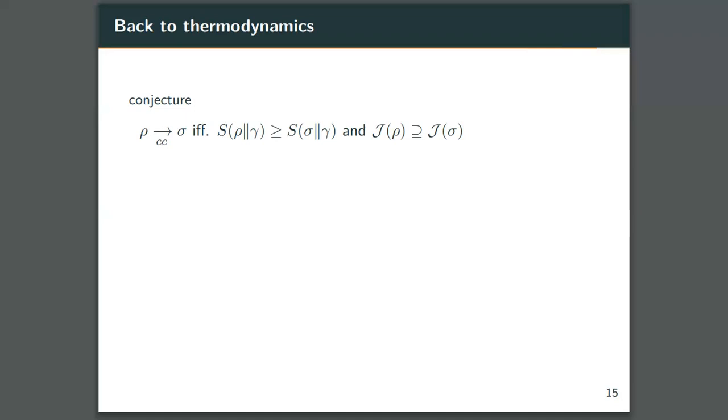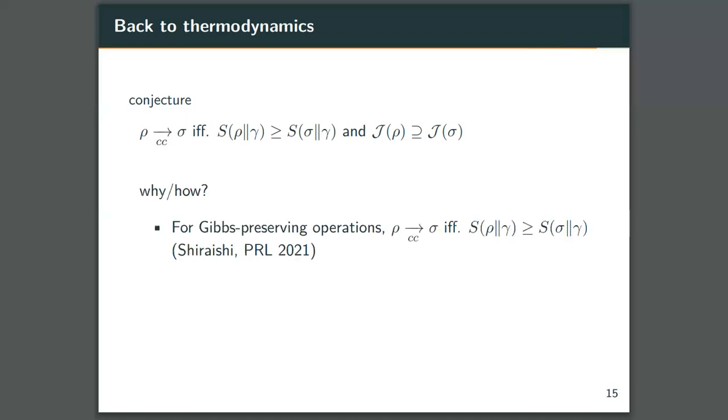And why or how do we think this is possible? It's because for Gibbs preserving operations, correlative catalytic transformations are really characterized by free energy. And for covariant operations, we showed that one direction holds.